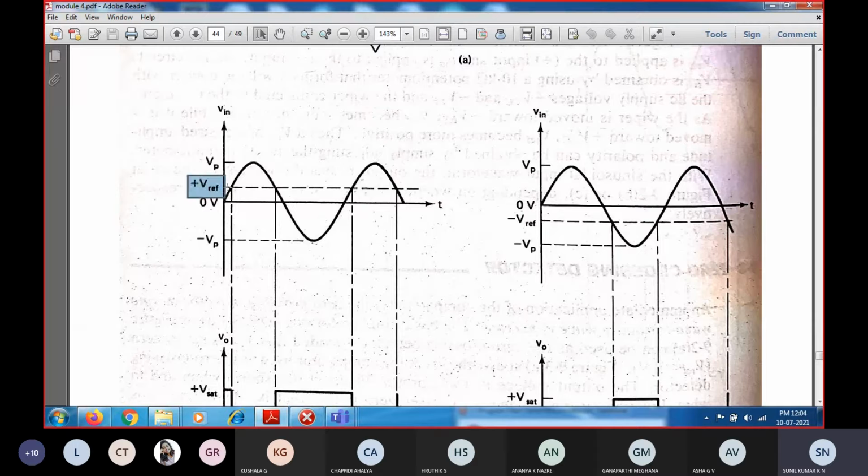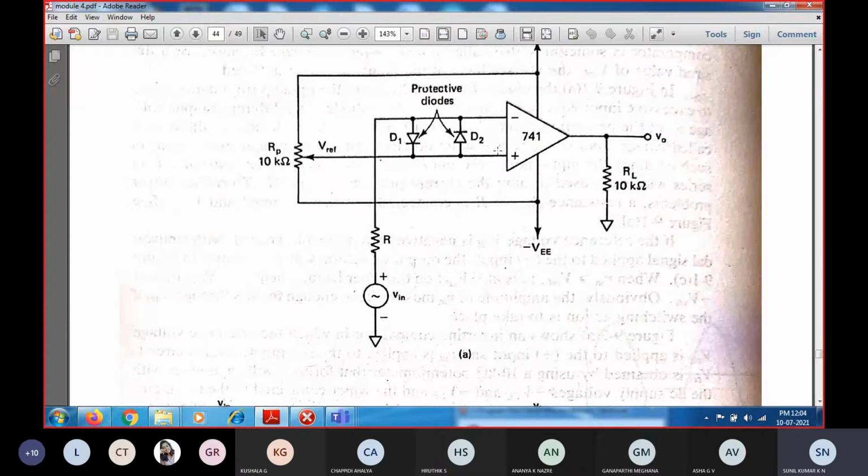Until the input is less than V reference, the output will be in negative saturation. Until the input is less than the non-inverting terminal voltage, which is the reference voltage, obviously the output will be positively saturated.